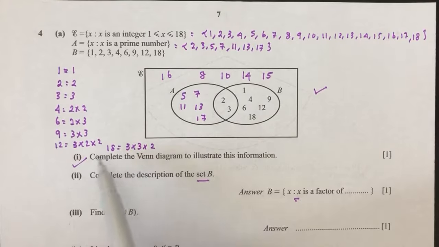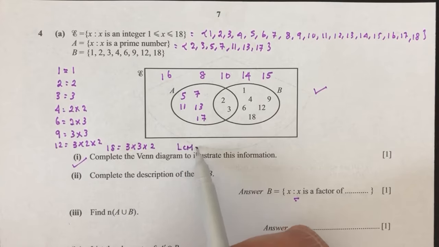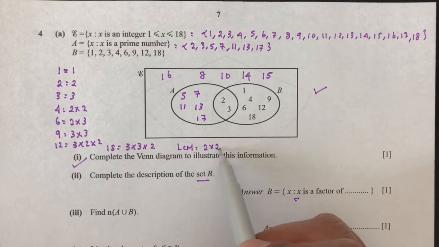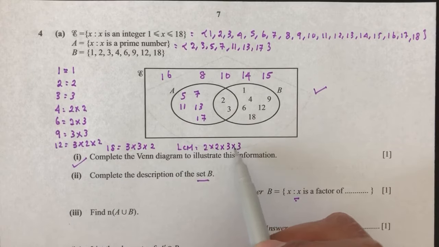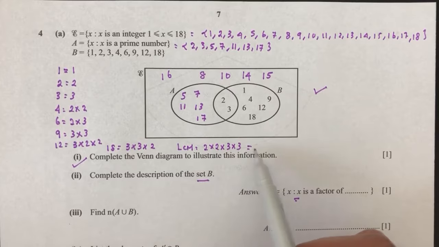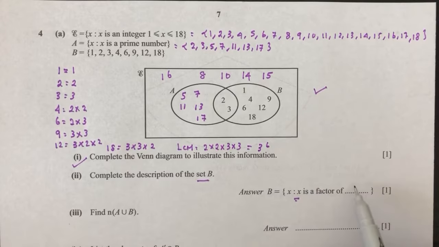So let's try to find the LCM of these numbers. You have 2 times 2 times 3 times 3. So your answer will be 36. So x is a factor of 36.